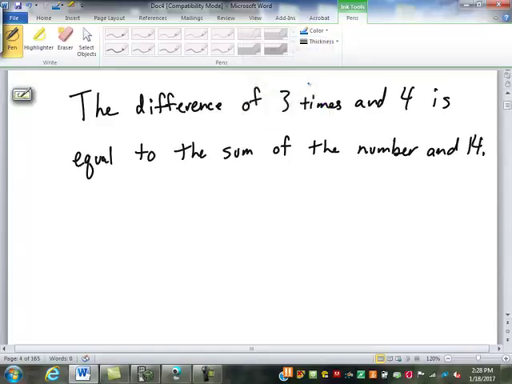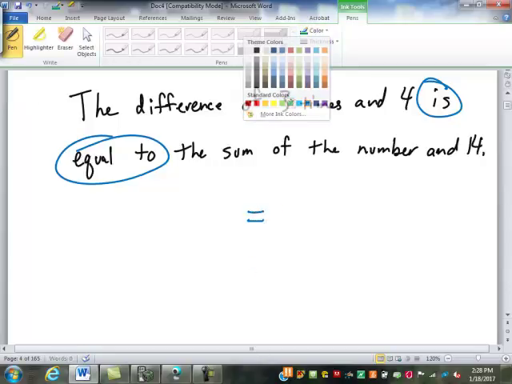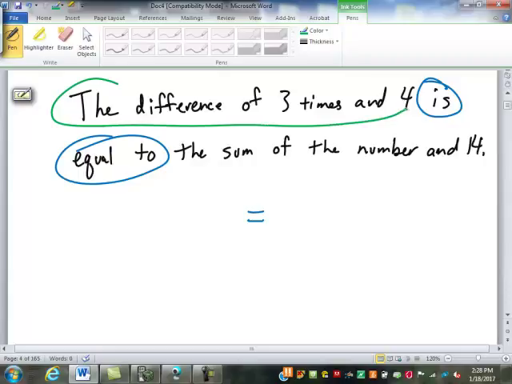So now here, this becomes actually 2 problems. We have the is equal to in the middle here. That's an equal sign. What happens in front of that is a separate piece, a separate expression. The difference of 3 times the number and 4 is going to be what? Oops, I forgot to write 3 times a number.